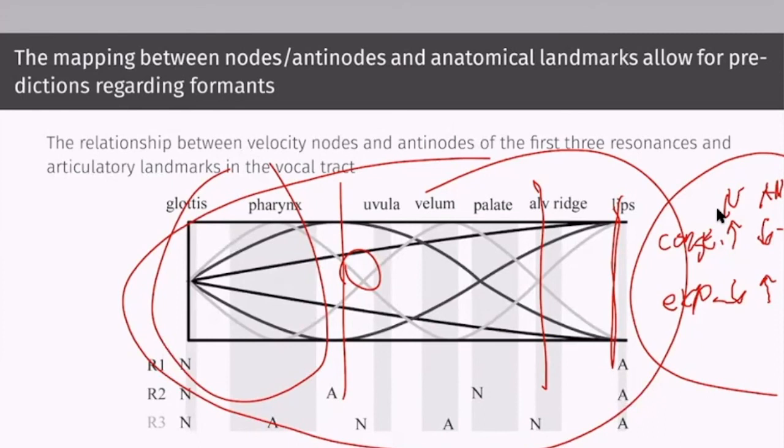Yeah, so that means the resonance shifts up. So the harmonics that are a little bit higher end up being favored. So in effect, the formant shifts upward.